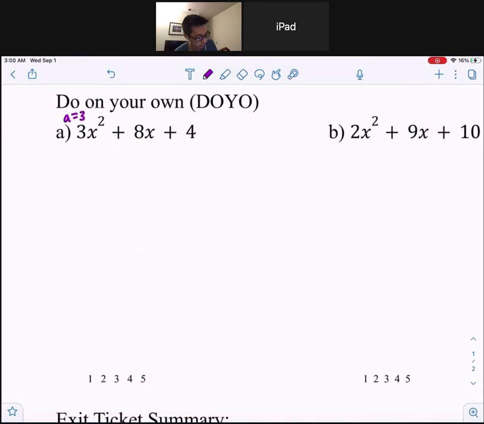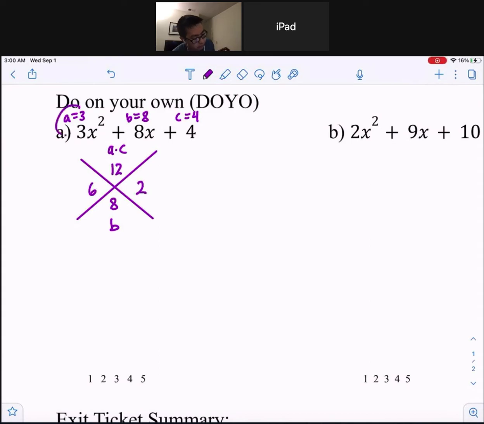Our A value is 3, our B value is 8, our C value is 4. There is nothing I can factor out from all of them, so we're just going to go into our X method. A times C up top, B on the bottom. A times C is 12. Our B value is 8. Two numbers that multiply to 12 but when added give you 8: that is 6 and 2.